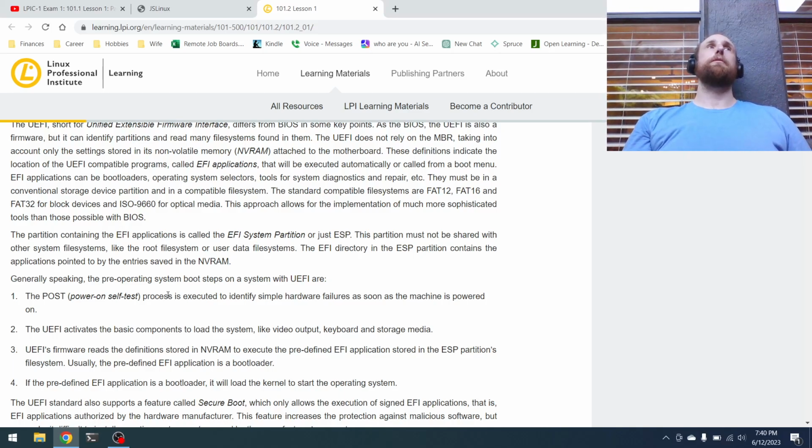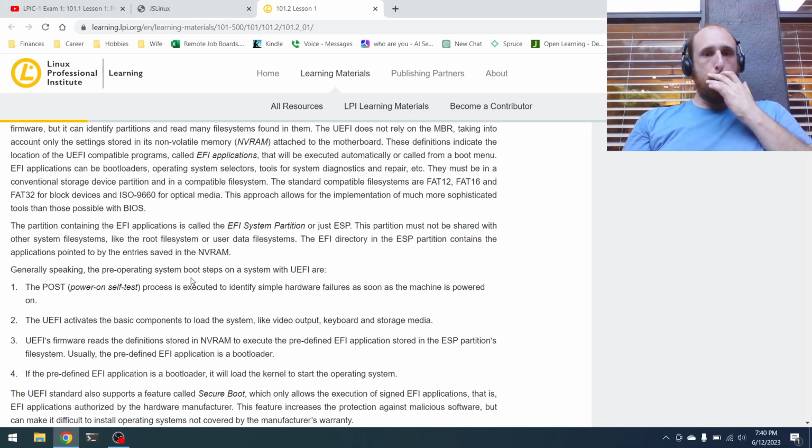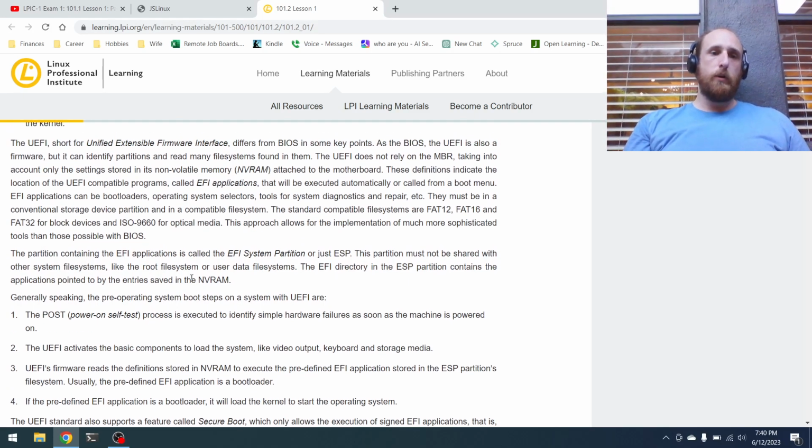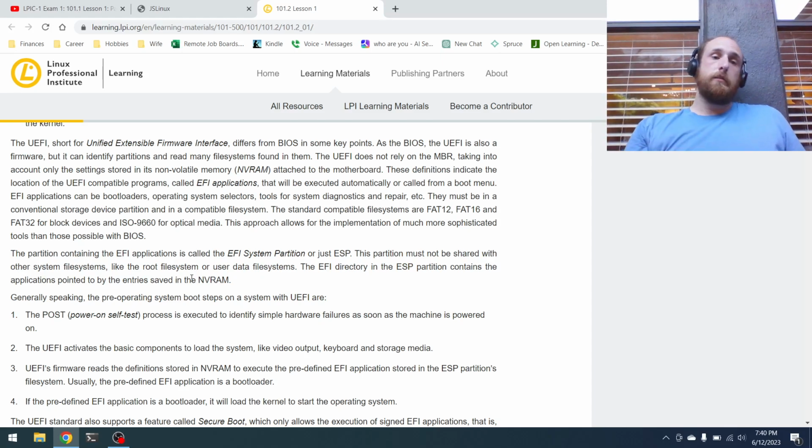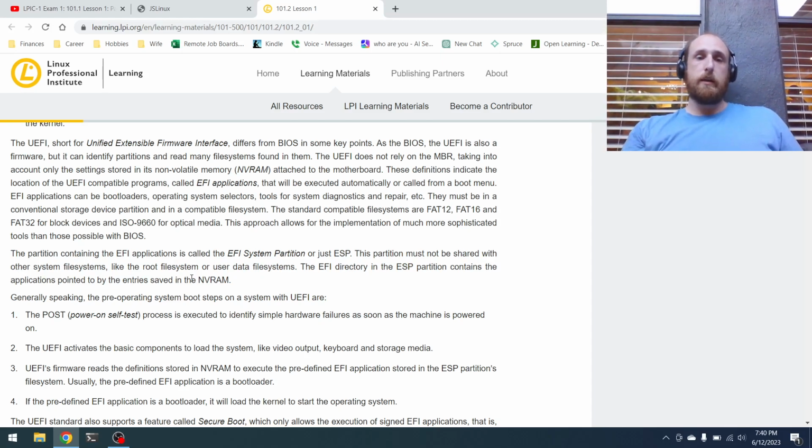It can support multiple file systems, unlike the MBR, where there aren't as many options. So UEFI has more options for file systems.